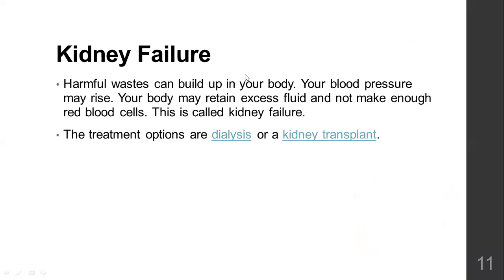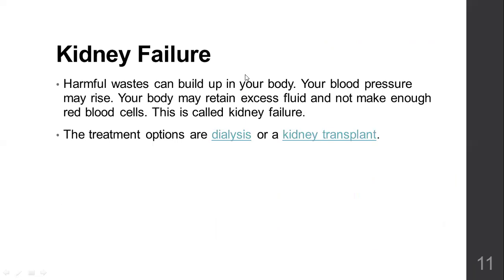Then you have kidney failure. Harmful waste can build up in your body. Your blood pressure will increase with that, and your body will be retaining as much fluid as possible because your body wants to dilute the toxicity.